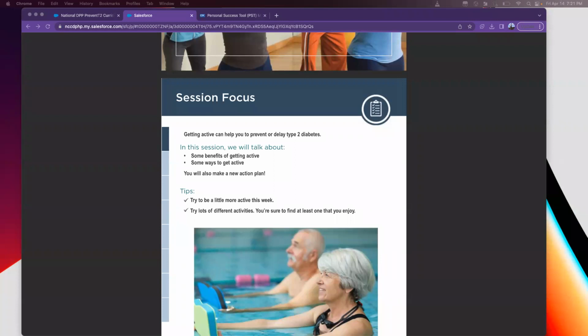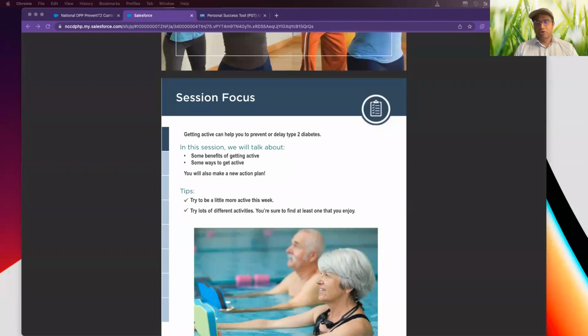That was in session 1. It spoke broadly about how to control your weight and how to get active. So it was an overall overview of the diabetes prevention program.